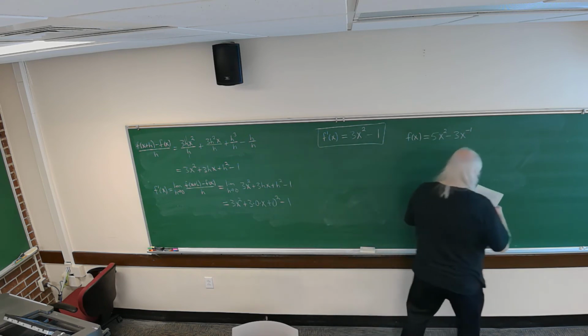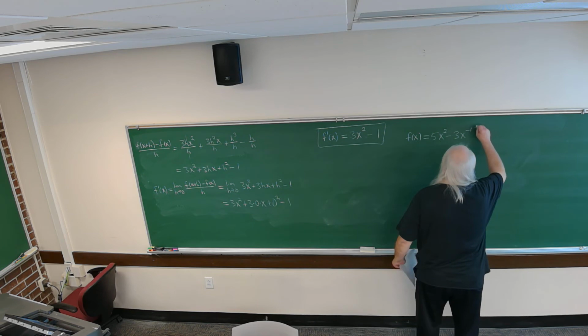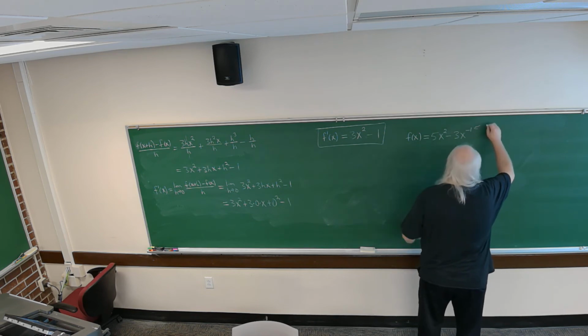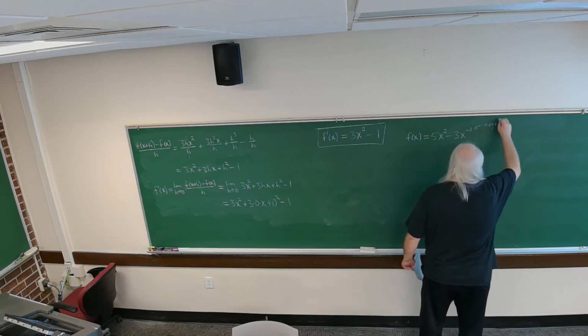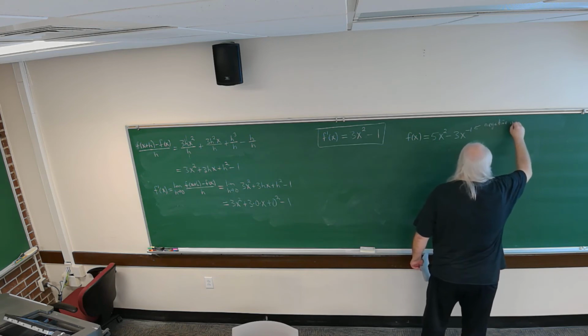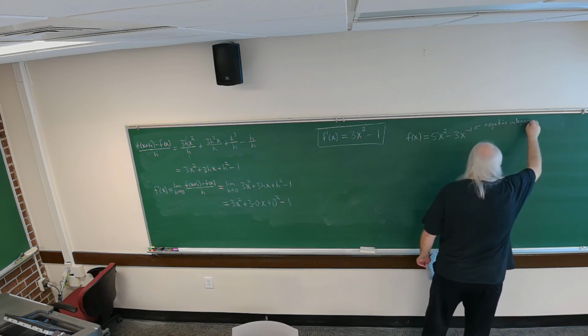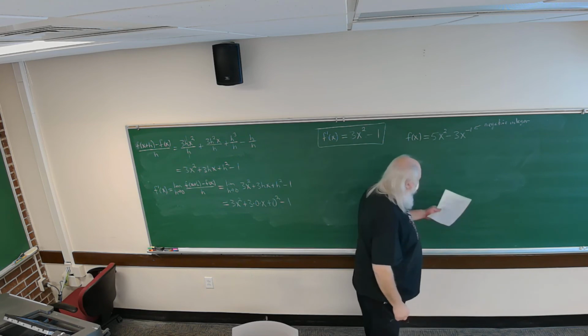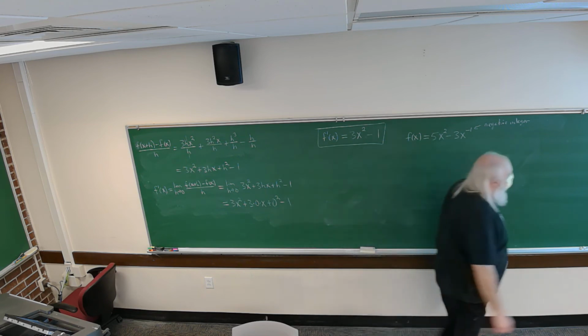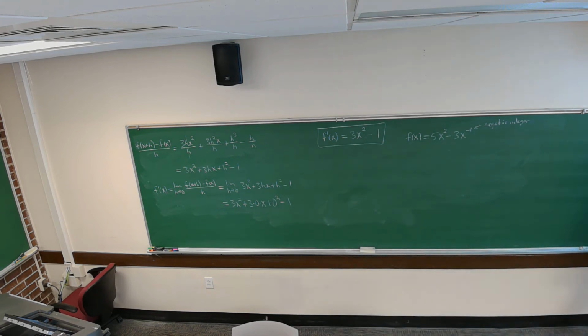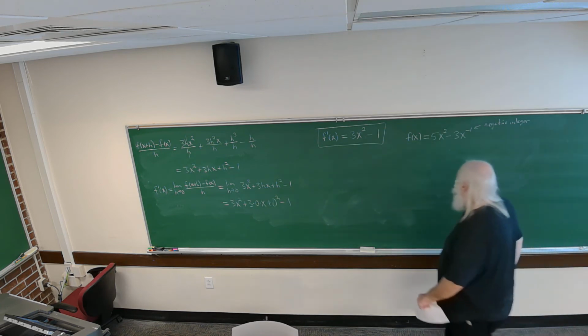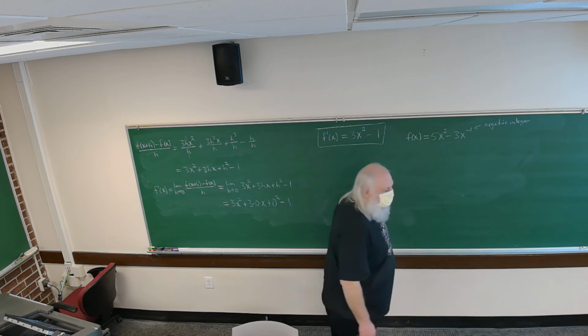So minus 1, right, is a negative integer. So this is an example, and you can write this at the top of your paper if you want, right? Up here, very top. This is an example of a function that is not a polynomial function.